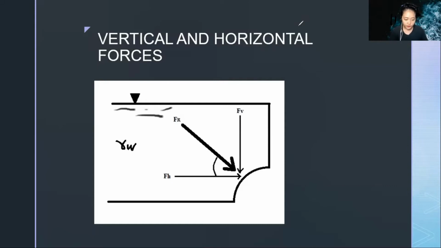So in this figure, if you have some curved surface underwater like this one, let's label this end A, and this would be B. In this curved surface, you can have a horizontal force, this FH, and also the vertical force, FV.